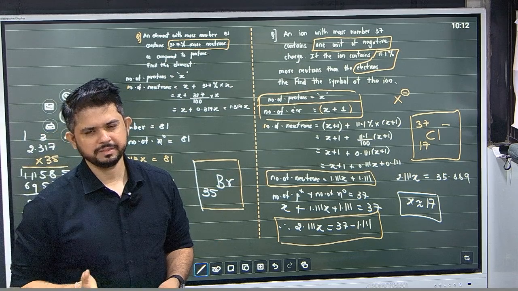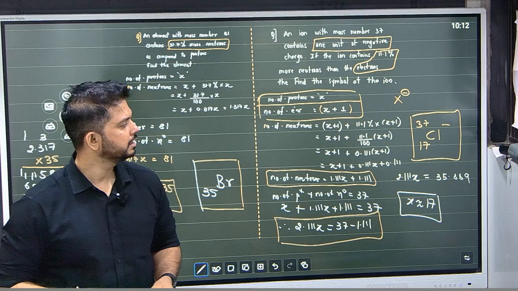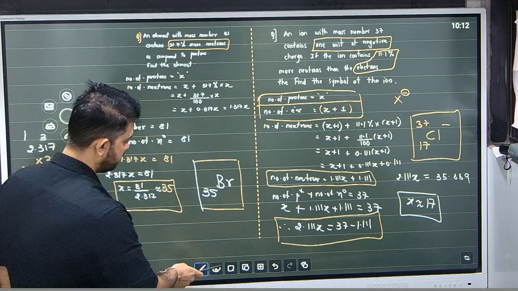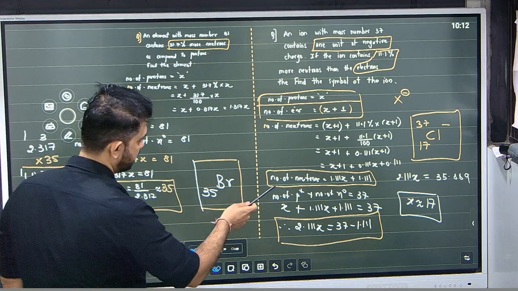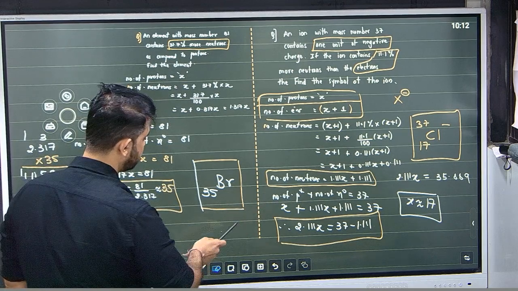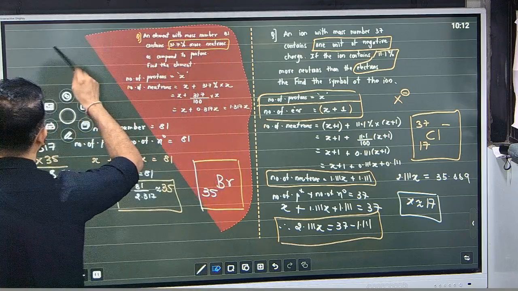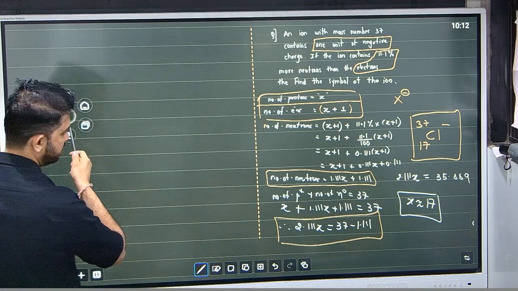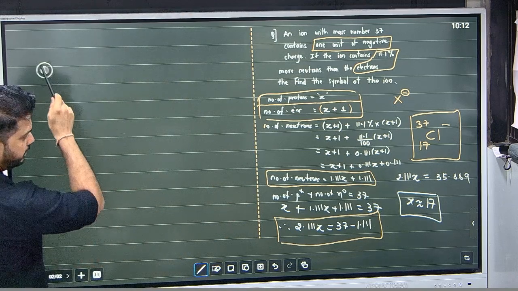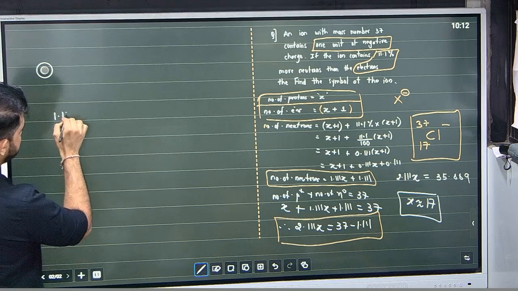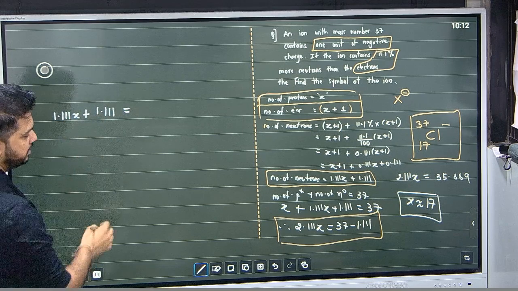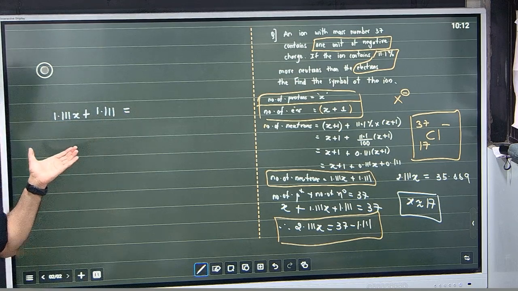Probably I think easier, but instead of doing all of this, what was the number of neutrons that we got? How many neutrons were there? 1.111. These were the number of neutrons.